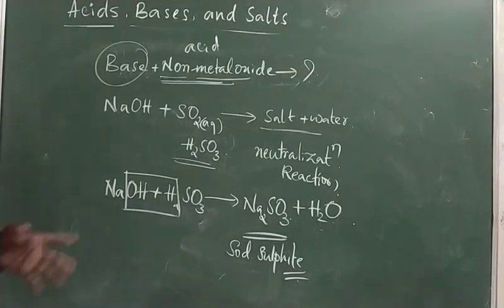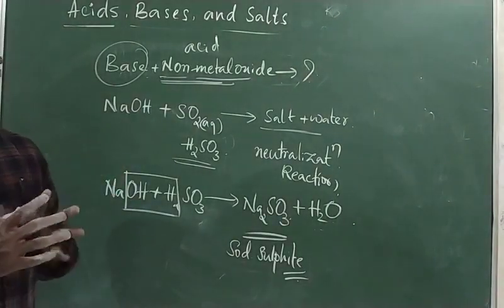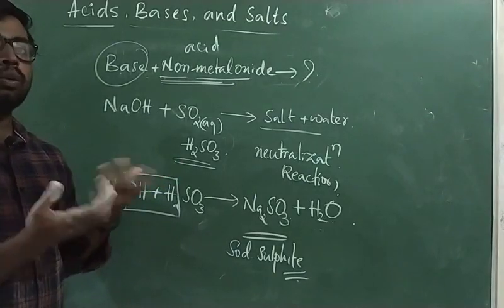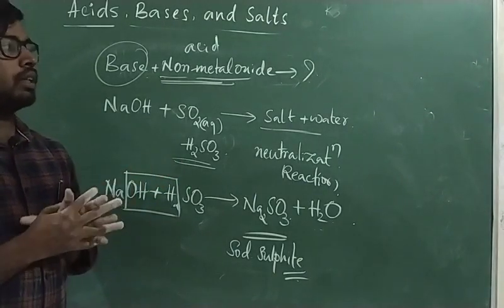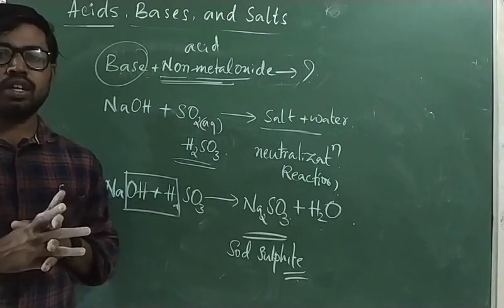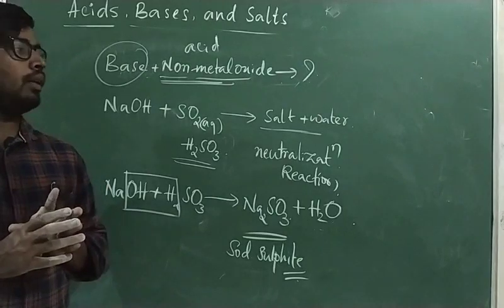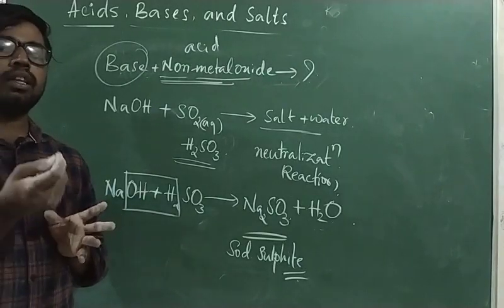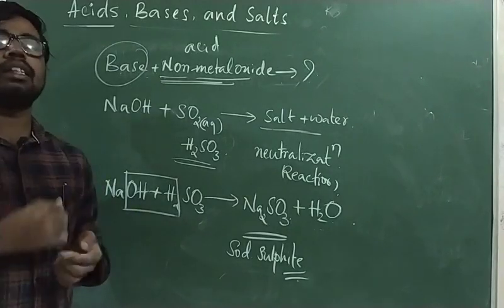For the test for liberation of hydrogen gas and carbon dioxide, I gave the link in the description, you can go through it, how the gases are going to be produced, how we are going to confirm those gases. Remember, carbon dioxide is also used as a fire extinguisher. Okay, and one more thing, we can easily confirm the test by just keeping a candle near where carbon dioxide gas is going to liberate.